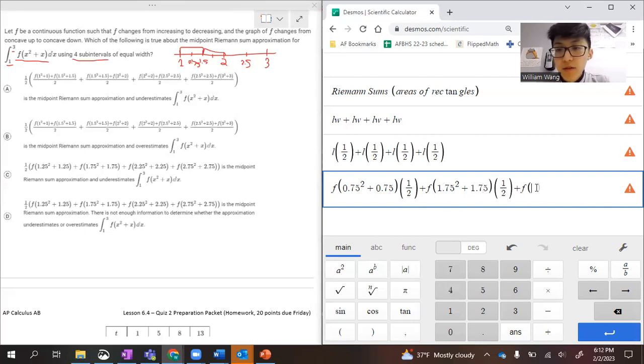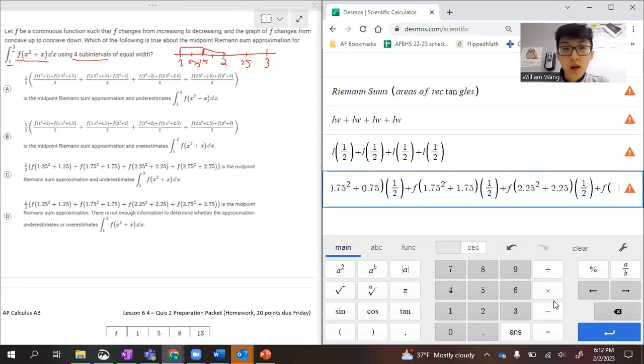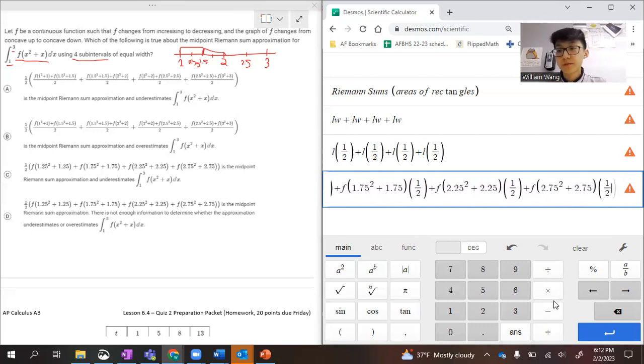My last rectangle is going to be 2.25 squared plus 2.25 times 1/2. Final rectangle is going to be 2.75 squared plus 2.75 times 1/2.